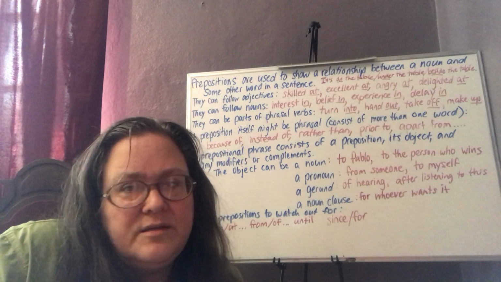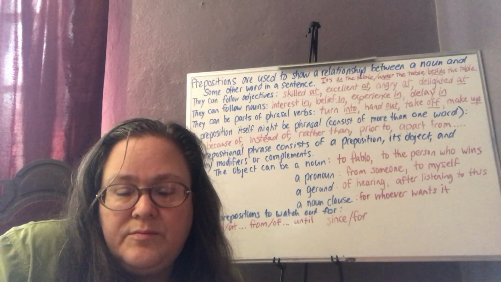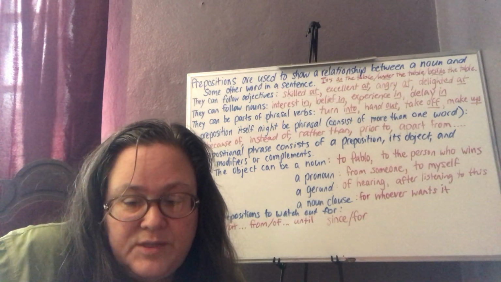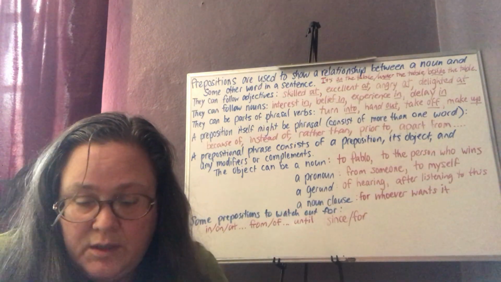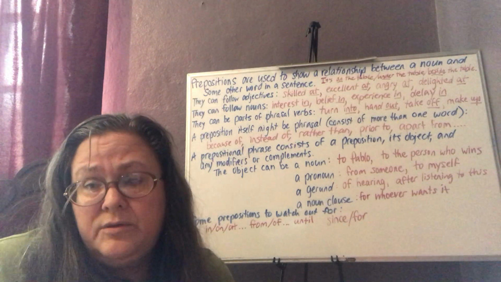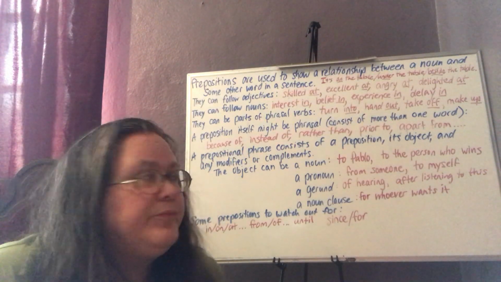Okay, that doesn't make sense because since means that something has been happening, starting with a certain point in time. And a child is not a point in time. What you mean is since childhood, perhaps. Childhood could be considered a point in time.